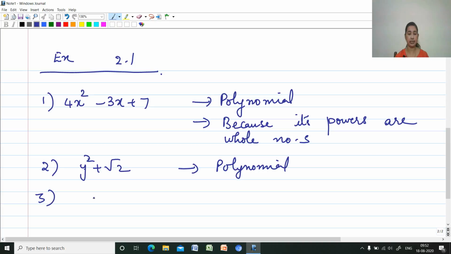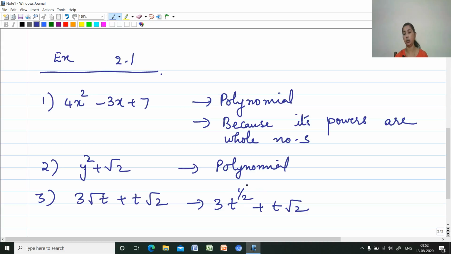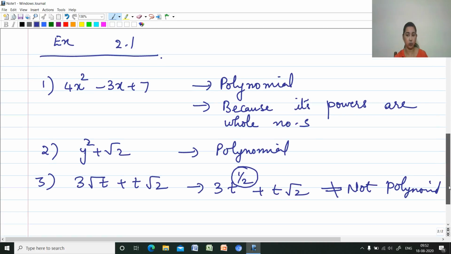Then third question, there is 3 root t plus t root 2. There we can see that the power of t is 1 by 2. So as I have told you, if the powers are not whole numbers, here the power we are getting is 1 by 2. So this means it is not a polynomial because power is not a whole number.